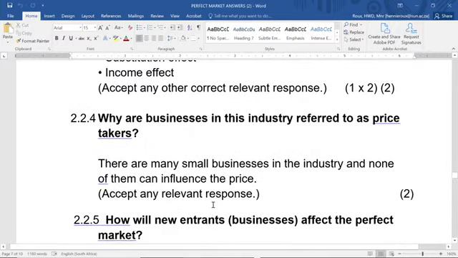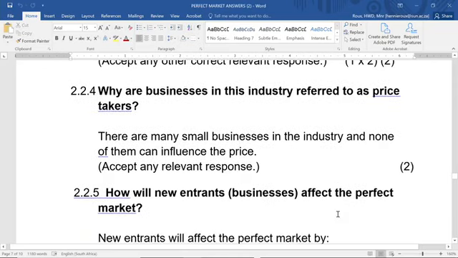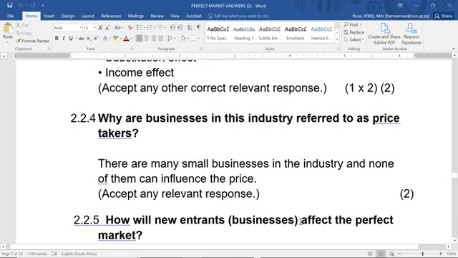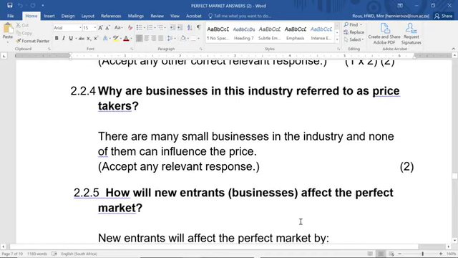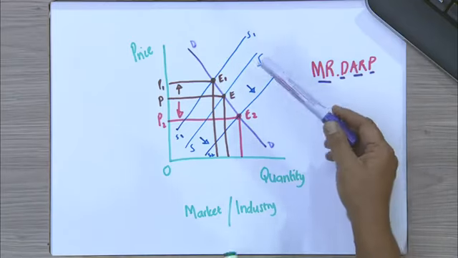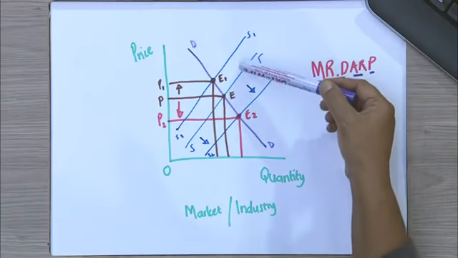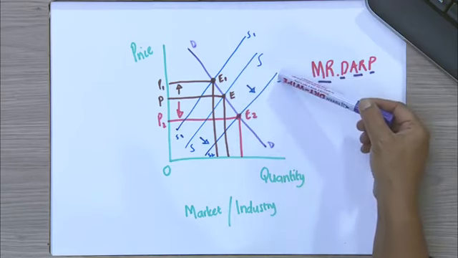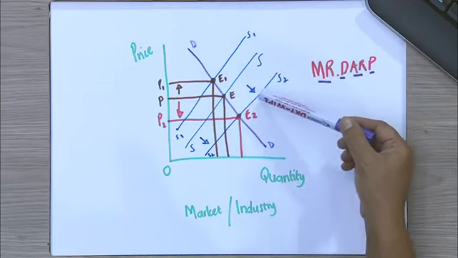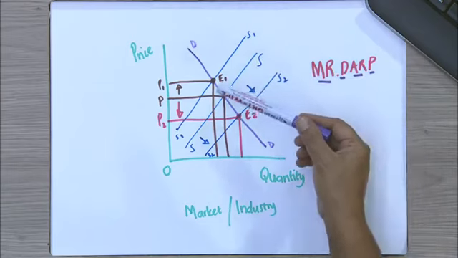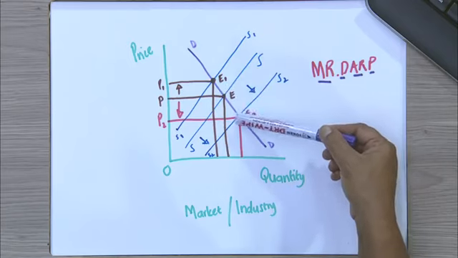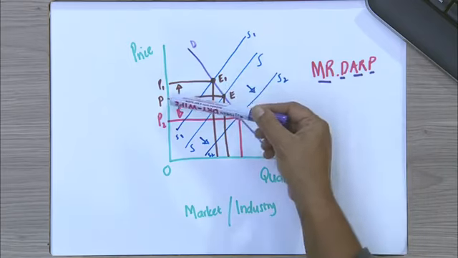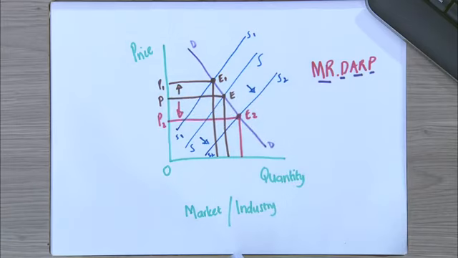How will new entrants or businesses affect the perfect market? I think we've already seen this in this drawing that I've got in front of me once again. We said if new suppliers enter, supply is going to increase from S to S2. So there's going to be an increase in the number of suppliers, which is then going to cause a new point of equilibrium, which means the price is going to decrease.